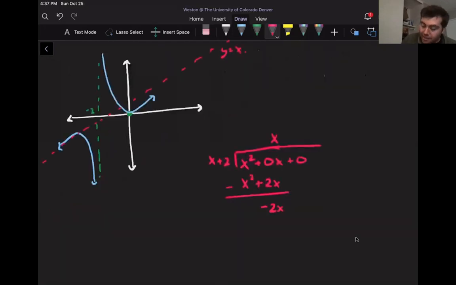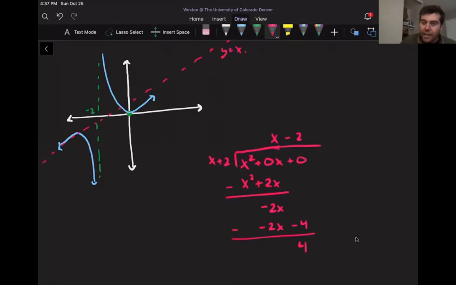We match again, this time with negative 2. We get negative 2x minus 4. We subtract, and we get 4.